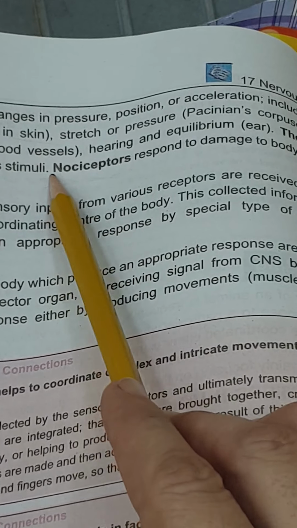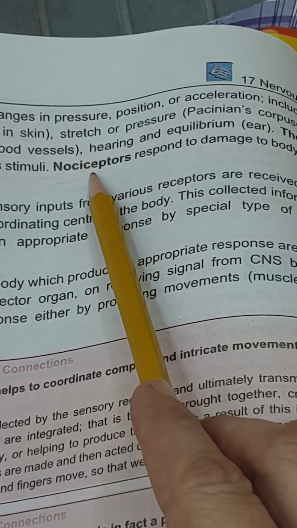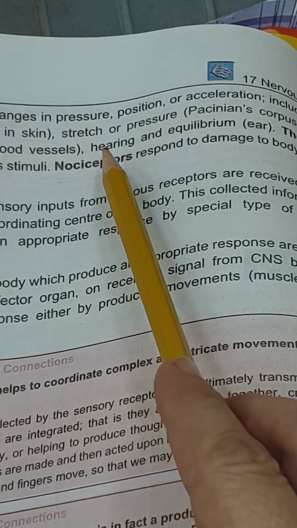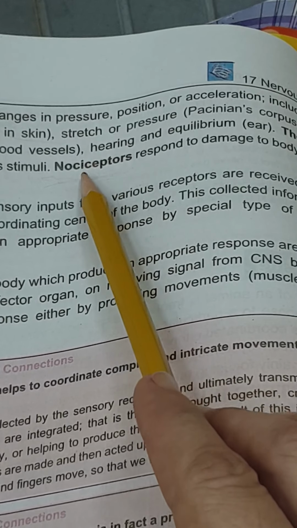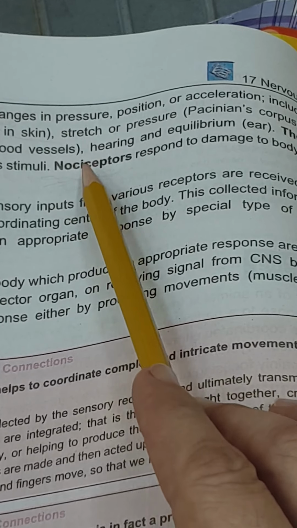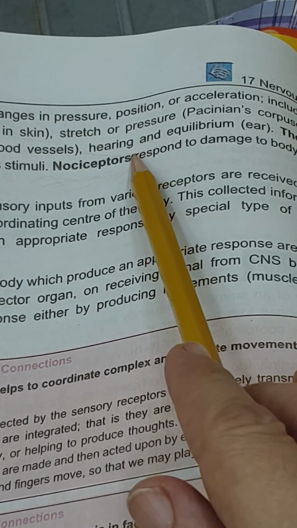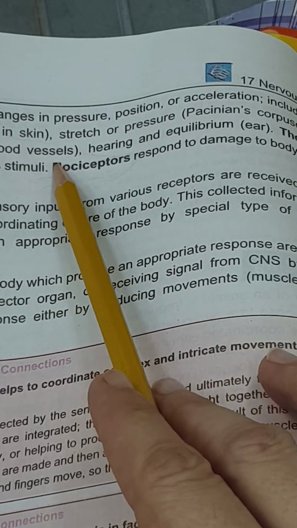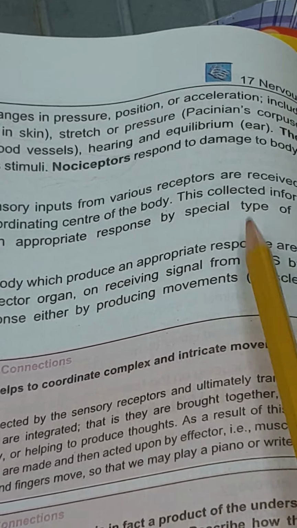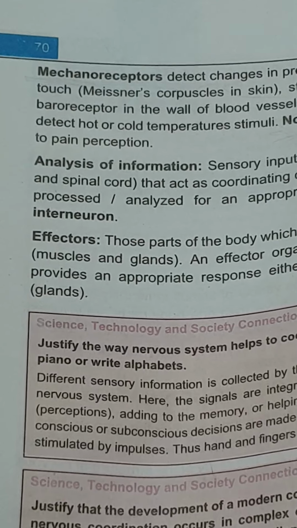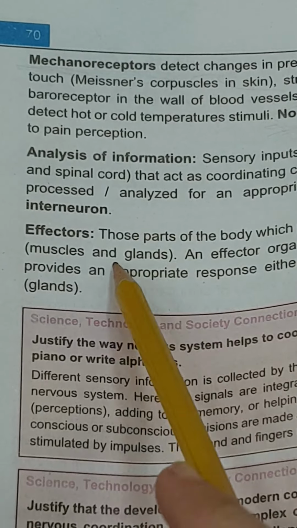Nociceptors are those receptors which give us information about pain, when there is some pain due to different reasons inside the body. The feeling of pain is given by these receptors. So these are the different receptors which receive the stimulus.